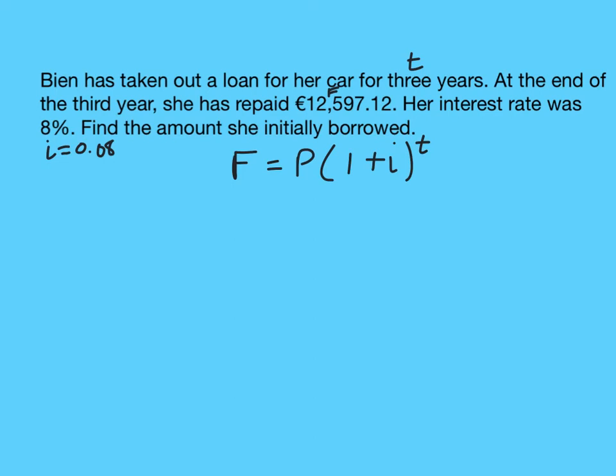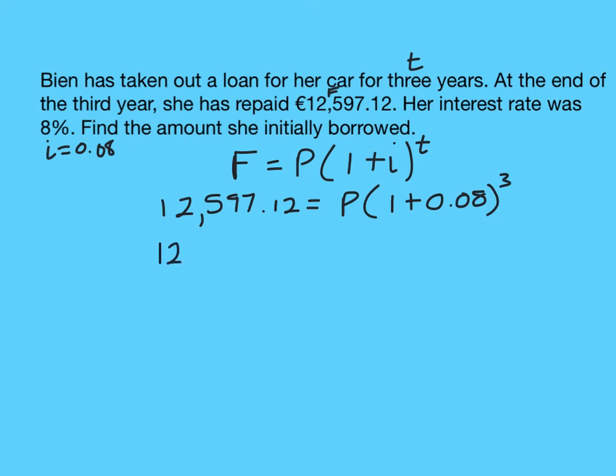Okay, so let's go through it then. So we have 12,597.12 equals P times, I don't have my P, so 1 plus 0.08, and that's all going to be to the power of 3.